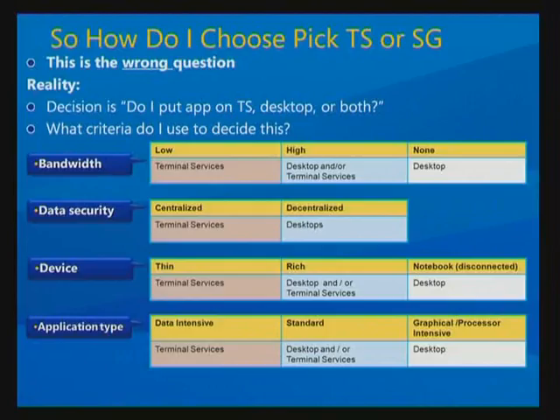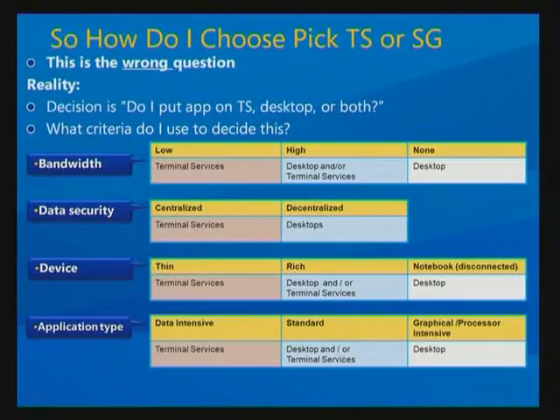In terms of data security, you have a centralized model with a terminal server. We talked about some of the ways that you could centralize and get a security benefit around compliance. With desktops, it's a decentralized model. That doesn't mean one is better than the other or more or less secure than the other. They're different. They have different management needs. In terms of the device, terminal services can ensure that your Windows application is accessible on a Mac device, a Linux device, a thin client, a Windows device.